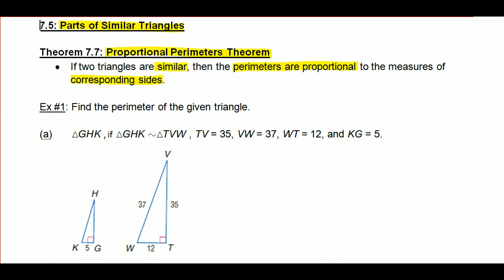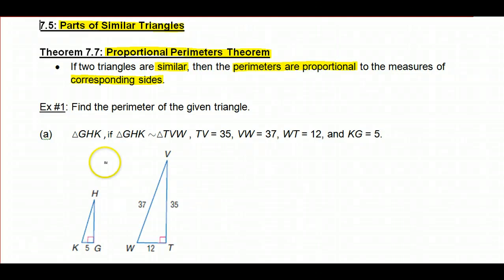So what that means is we don't necessarily have to know the entire perimeter, right? We just need to know two corresponding sides. What does that give us? Remember that term? Scale factor. So scale factor is the ratio of two corresponding sides. So what ends up happening is the perimeter will be that exact same scale factor, that same ratio.